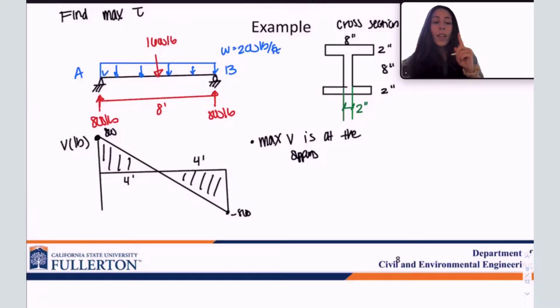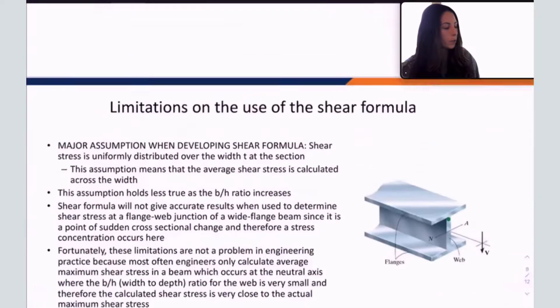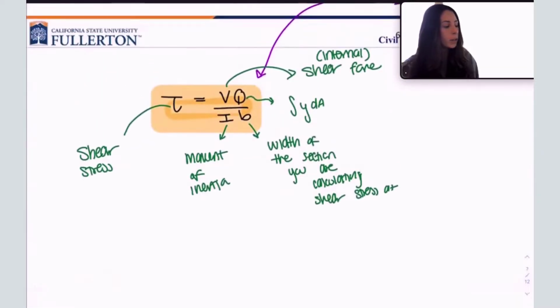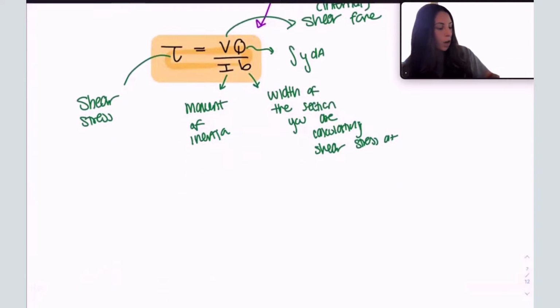Now, the max tau occurs, I'm going to come back up to our derivation to talk about where the maximum shear stress occurs. So, remember, we had talked about how the normal stress is distributed. It varies linearly across the cross-section of the element. Well, what about the shear stress?